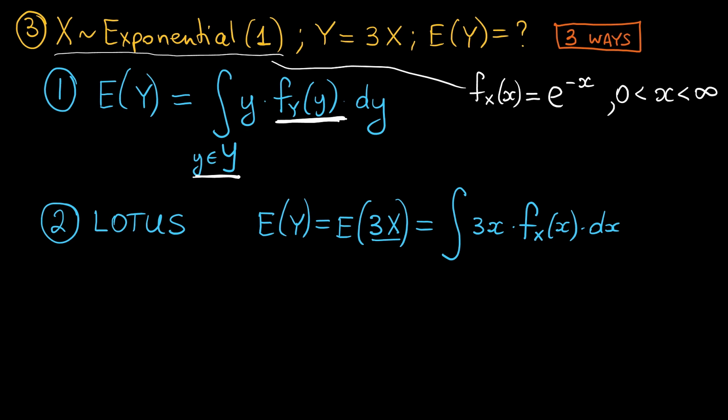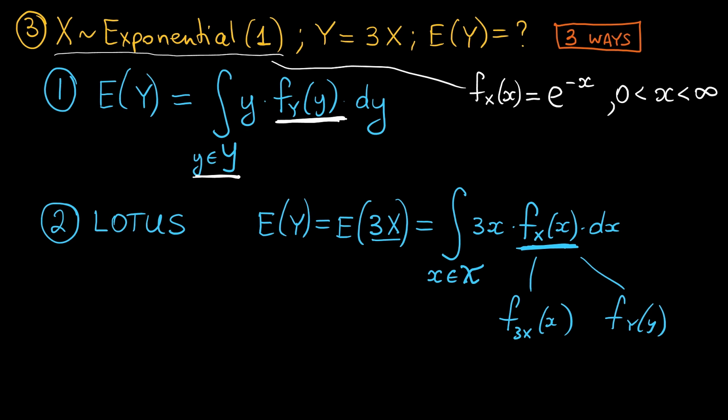We put here the PDF of x, not the PDF of 3x, which would be the PDF of y, right? And because we can use the PDF of x directly, and let me finish writing this, this will be taken over the support of x, therefore all lowercase x in the support of x.